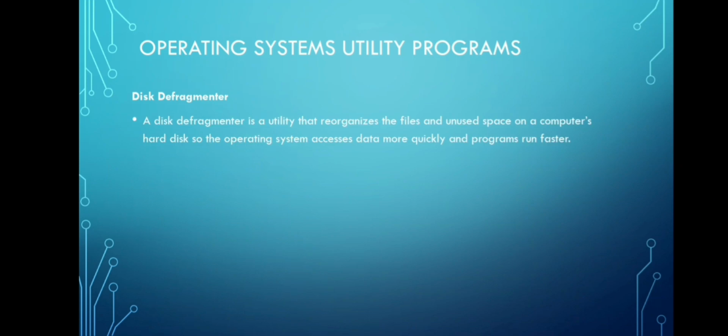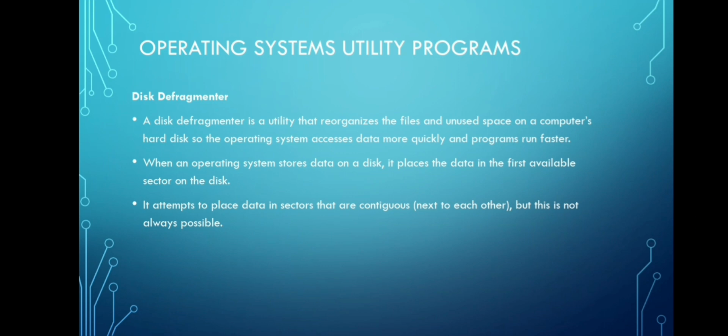A disk defragmenter is a utility that reorganizes the files and unused space on a computer's hard disk so the operating system accesses data more quickly and programs run faster. When an operating system stores data on a disk, it places the data in the first available sector on the disk. It attempts to place data in sectors that are contiguous, next to each other, but this is not always possible.